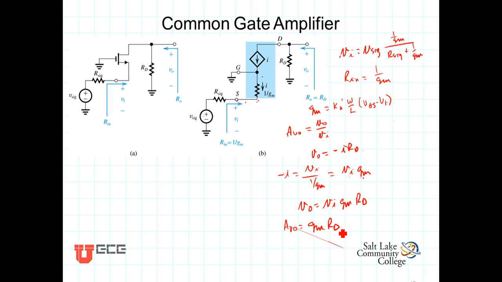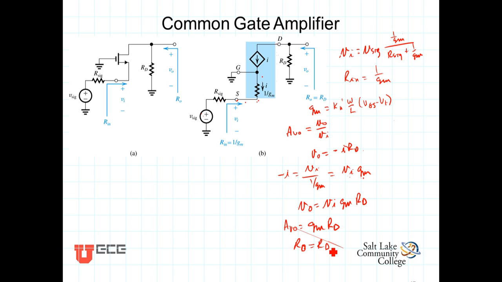The output resistance, R_out, is found by deactivating the source, which of course makes this dependent source 0, and the resistance seen looking from the output back in is just R_D. So we've got that R_out equals R_D.